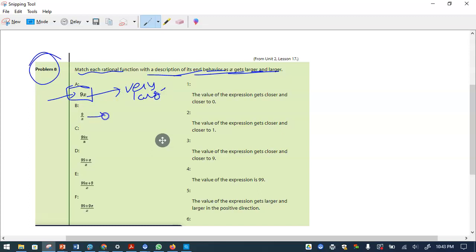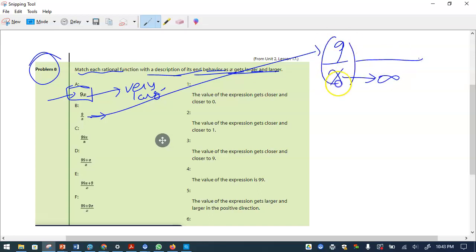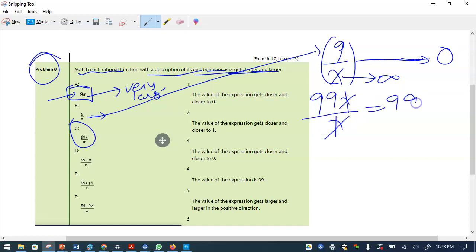Now here, when x becomes very large, let me write here 9 minus x, so 9 over x, when this becomes a very large number, everything will become almost like 0. You check this 99 over x, we can just cross this out and you get 99. That all means the whole y equals, let's call it y, will be almost approaching 99.